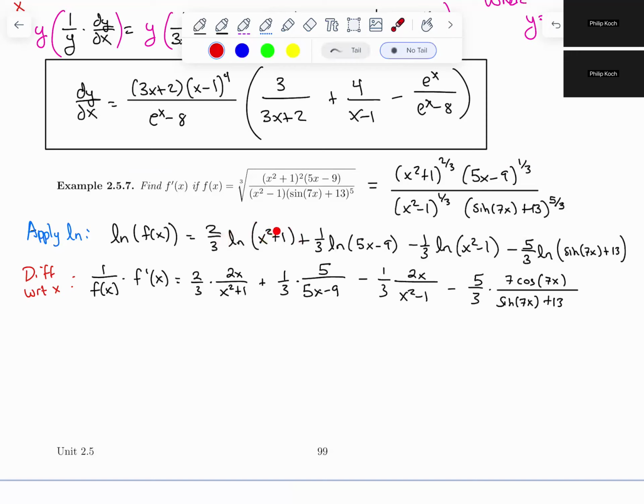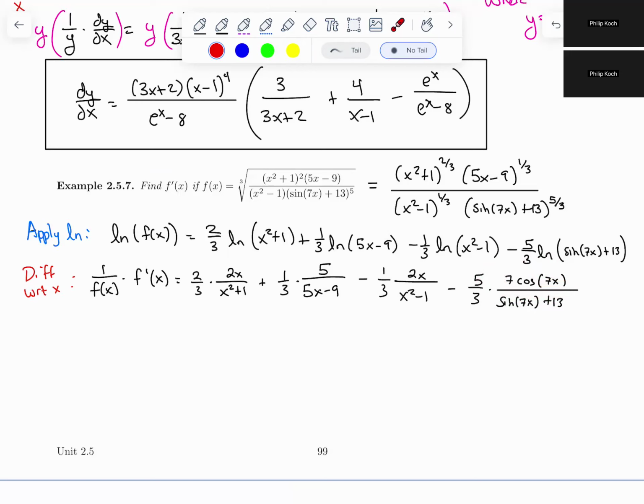So the derivative of this by the chain rule is going to be 1 over the inside, so 1 over x squared plus 1, times the derivative of x squared plus 1, which would be 2x. Here, it's 1 over 5x minus 9 times the derivative of 5x minus 9, which is 5. Same thing here. The derivative of x squared is 2x. That's why it's 2x on the top. The last one is a chain rule within a chain rule. It's going to be 1 over the inside, the 1 over sine of 7x plus 13, times the derivative of sine of 7x plus 13.